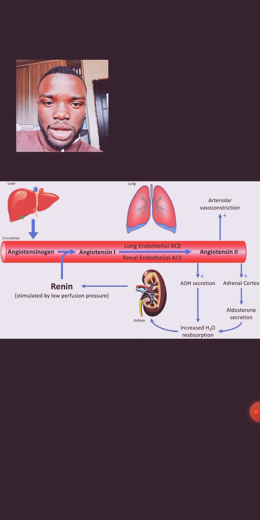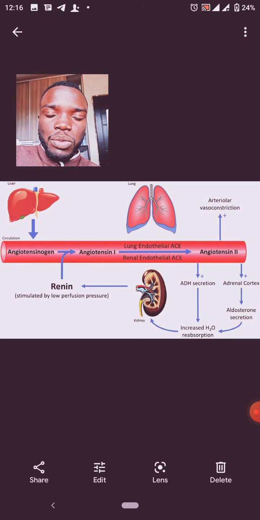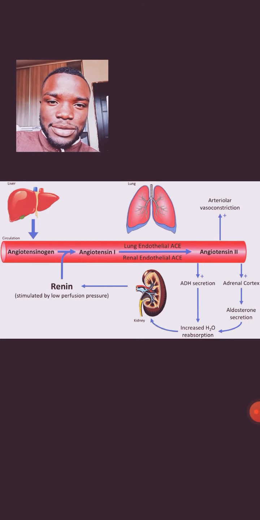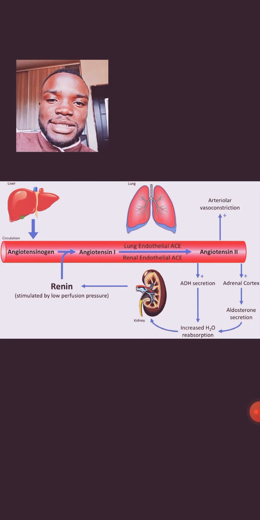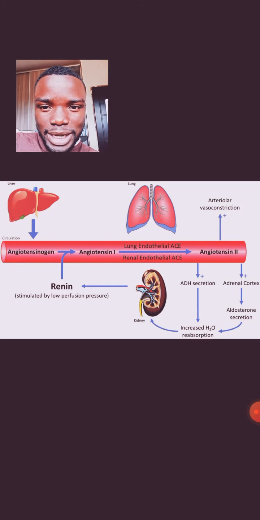So quickly, I'm going to take you through the physiology of hypotension, and how you can control low blood pressure, low water levels, as well as decreased sodium chloride retention.